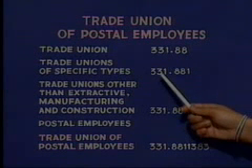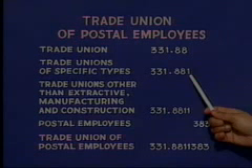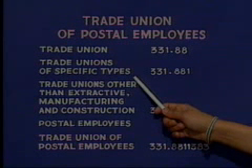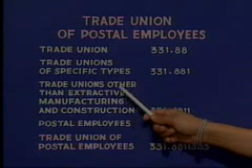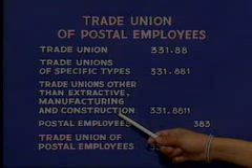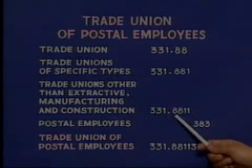Under this, 331.881 stands for trade unions of specific types. Under this, trade unions other than extractive, manufacturing and construction is represented by 331.8811. Under this number, there is a direction to add notations 001 to 999.